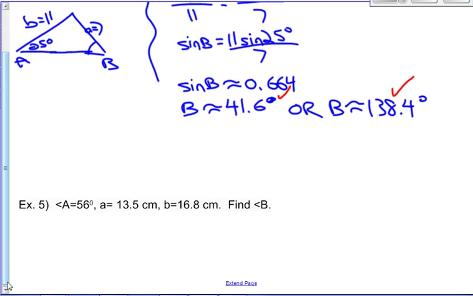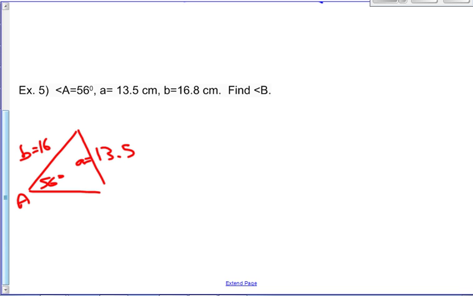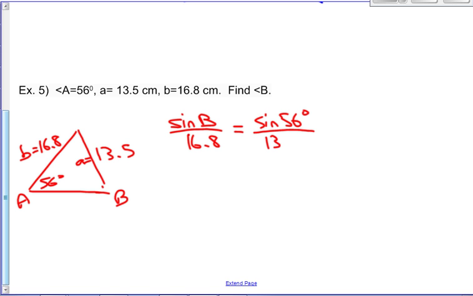Let's try another one. A is 56. OK, so there's my 56 at A. Little a is 13.5. So that's across from angle A. b is 16.8. Find angle B. So sine of B over b, which is 16.8, is going to be sine of 56 over its opposite side of 13.5.